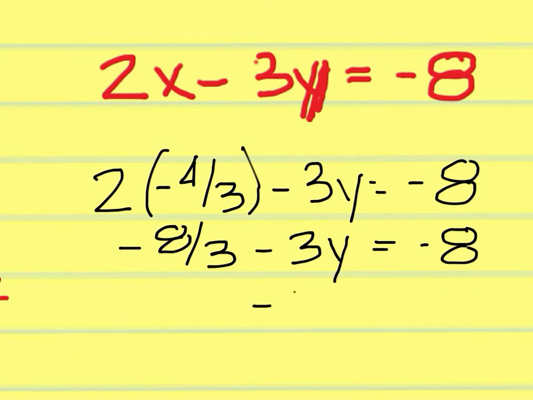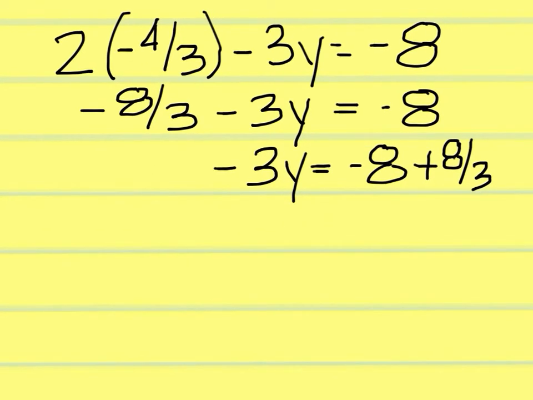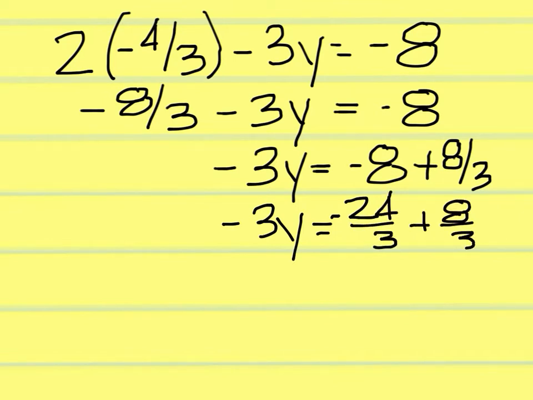And let's keep this negative 3y where it's at and the negative 8 and make it plus 8/3 on the right. A common denominator of 3 will help us to simplify that. A negative 24 over 3 plus 8 over 3 is going to give us a negative 16 over 3.